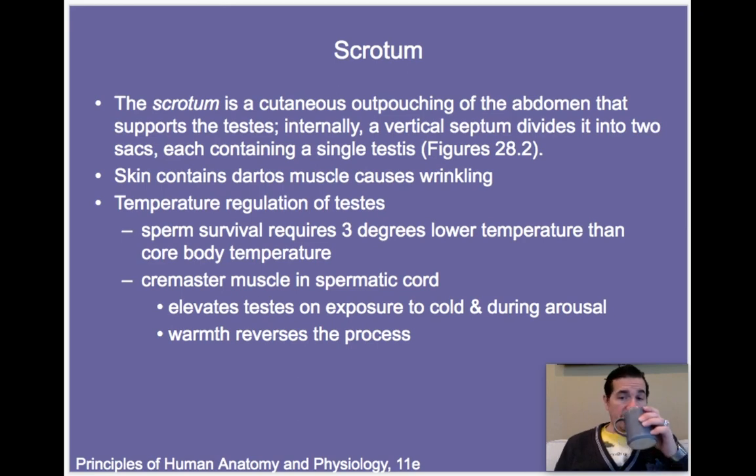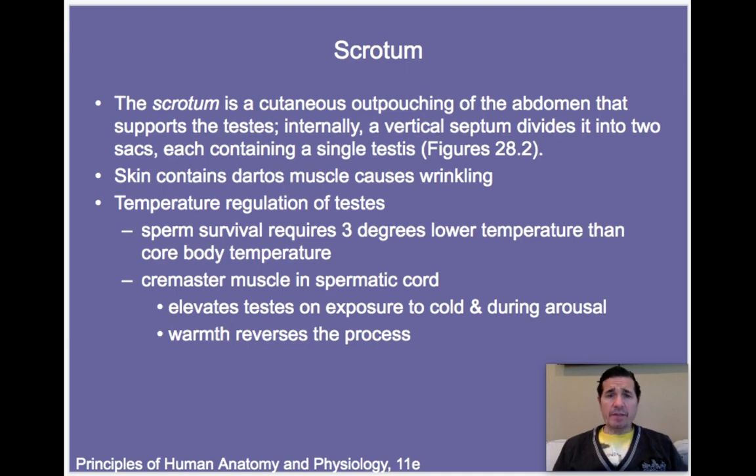Now, one of the things that we see is typically, just like the ovaries, which are in the female, they're both the same original structure. They both are formed in the same location in the abdominal cavity or pelvic cavity.